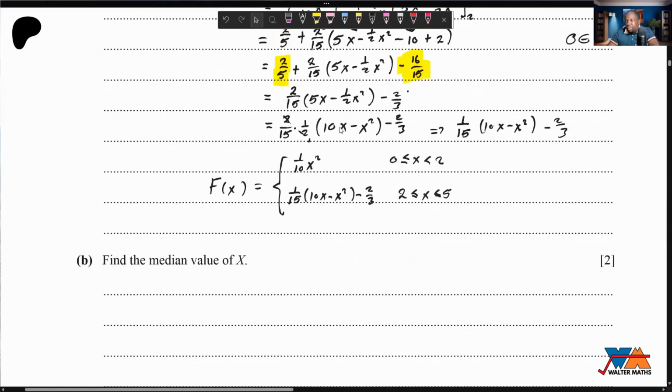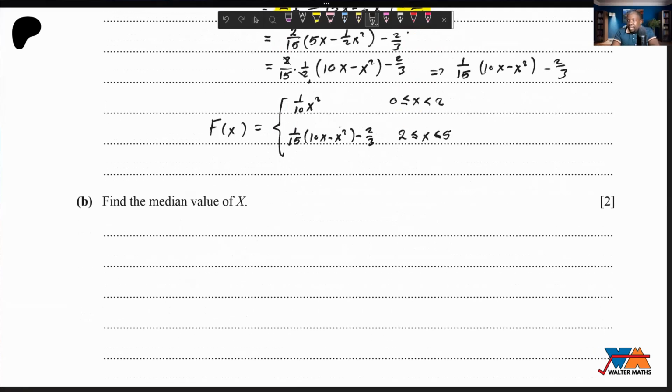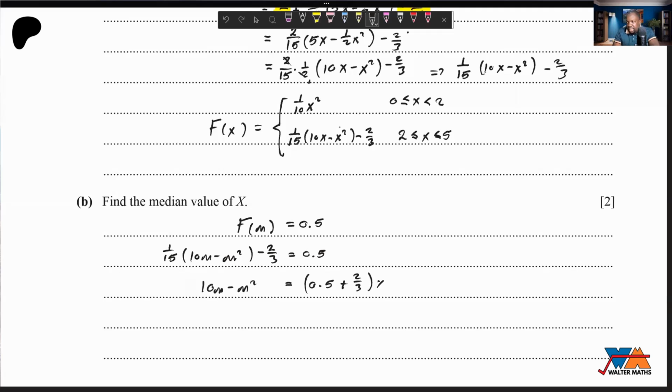Right, so for the median value of x, we're just going to use f of m being equal to 0.5. So that's just going to be a 15th of 10m minus m squared minus 2/3 is equal to 0.5. So 10m minus m squared is equal to 0.5 plus 2/3, all times 15.